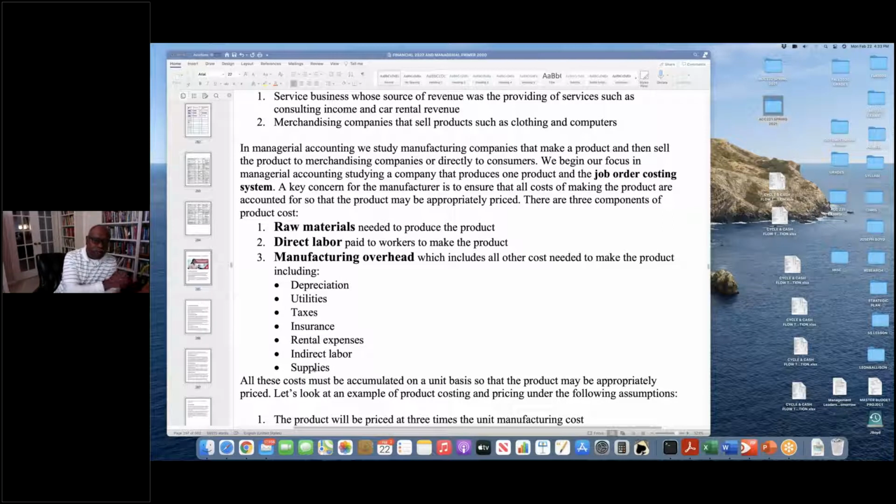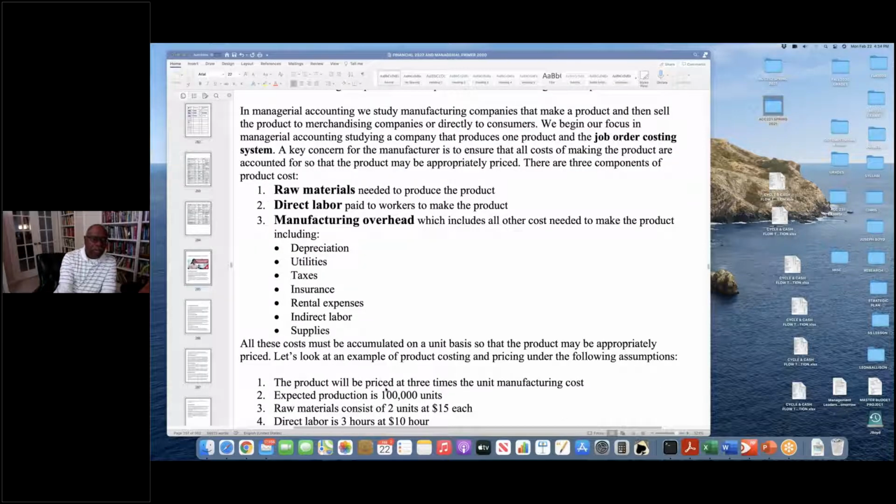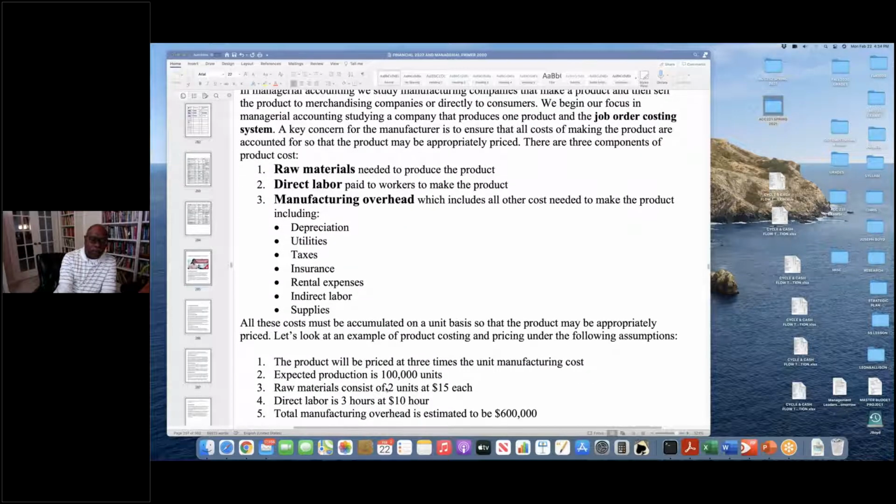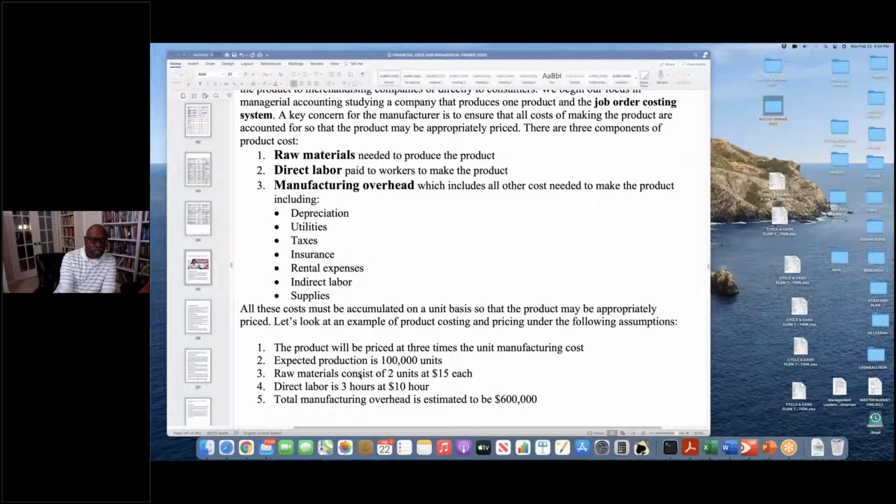So I just buy one big glue container, and that glue is used to put it all together. Once I come up with my unit cost, I can come up with a price. And that's what you're going to be doing. You're going to come up with your unit cost and a price. So let's look at how we'll do that.